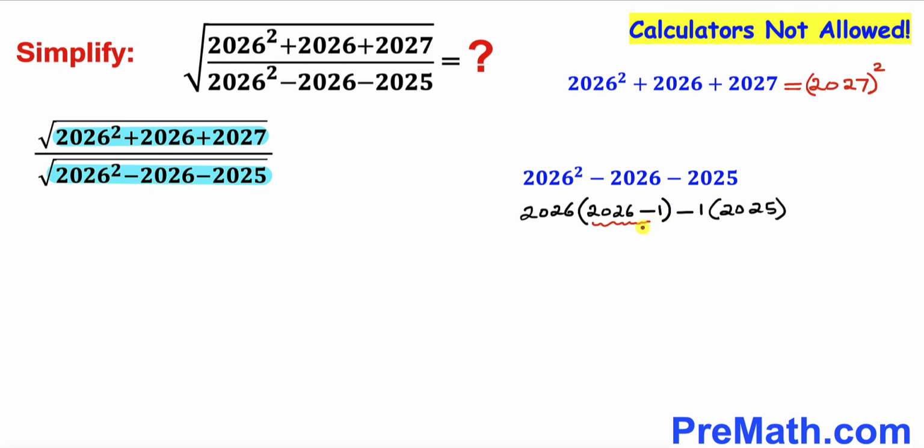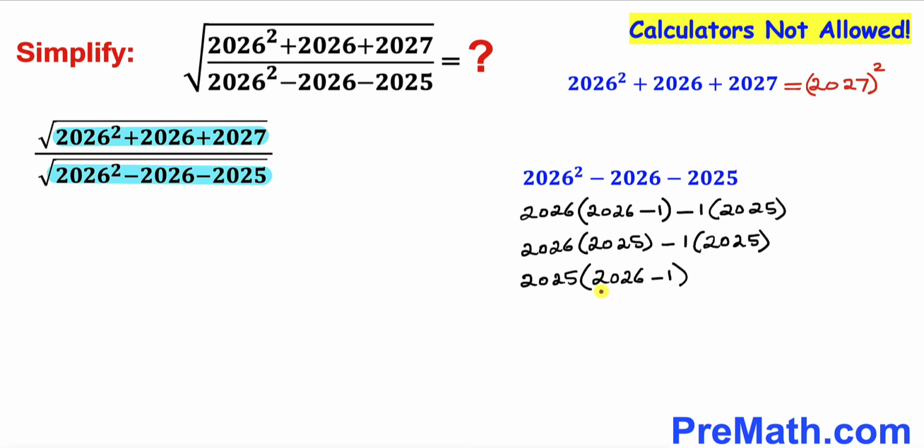And now let's make an observation. We can see 2026 minus 1 is going to give us 2025. So therefore I could write 2026 times 2025 minus 1 times 2025. And now we can see 2025 and 2025 is in common. So therefore I could factor out 2025 and inside parentheses we ended up with 2026 minus 1.